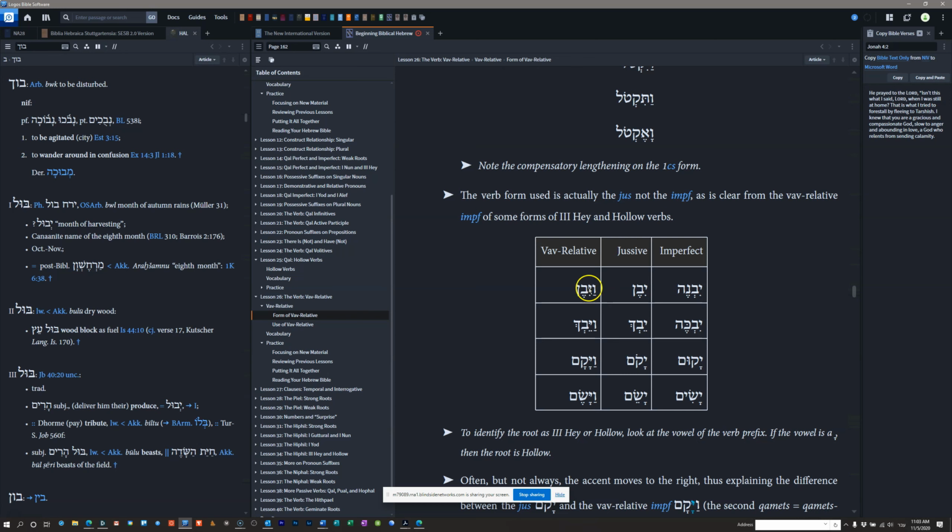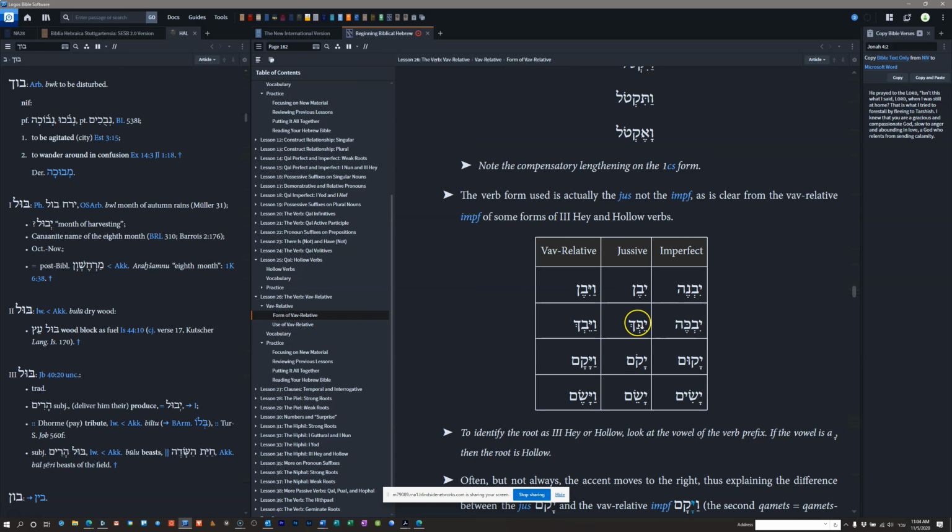Well, we see what happens with the vav relative in bana. It looks like we expect. You know, the jussive form of bana makes sense. The jussive form of baka, we would expect, just like bana, you've got yivna, you get yivke. What happens to this in the jussive? Well, you still get the yiv, but the segel jumps back a letter.